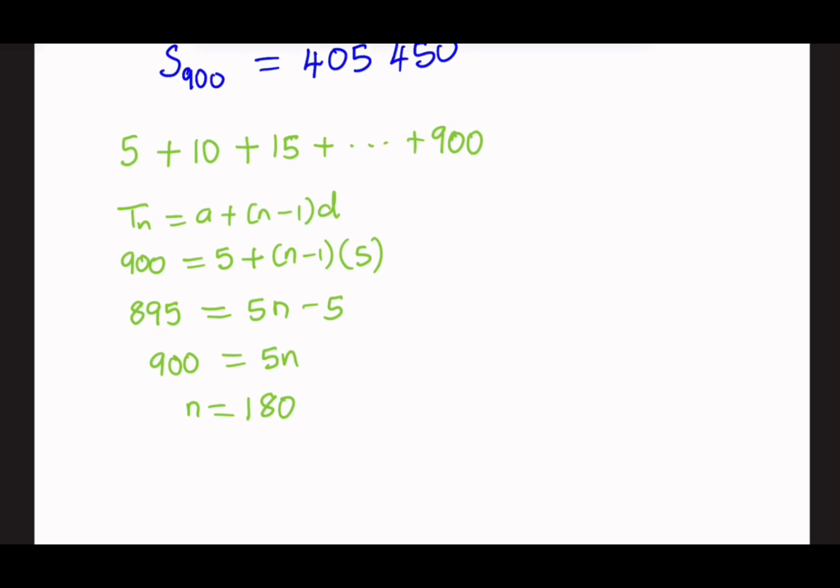This helps you to be able to do your Sn, which again we could use the same formula because we know the last term. So we're just going to go a plus L. The only reason we needed to do this first is to know which S we are going to calculate. It's S180. If we didn't know how many terms, then we wouldn't know what n is.